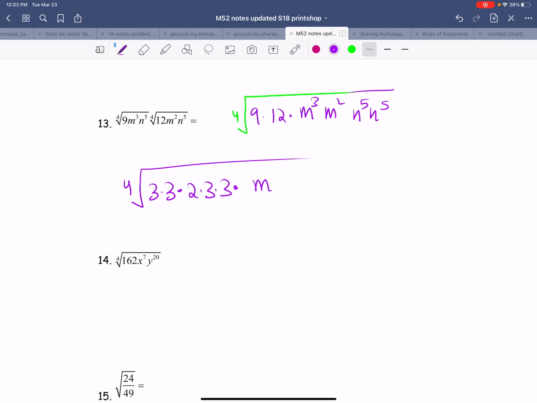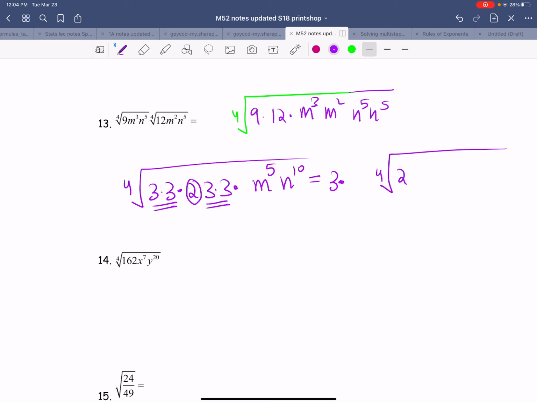And how many m's do I have? I do have total 5 m's and total 10 n's. Okay, now just rewriting it slightly differently so that I can see, well, there's 4 3's inside, I can pull one out. Because there's 4 3's inside, I can pull 1 3 out. And the poor 2 is stuck inside because it did not have enough buddies to come out.